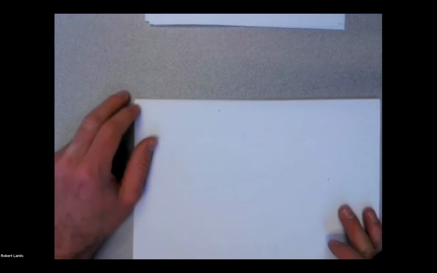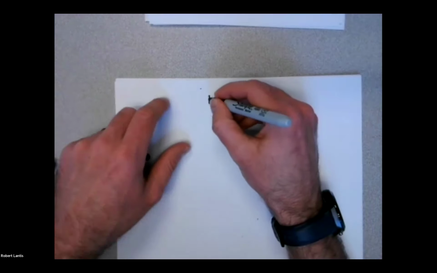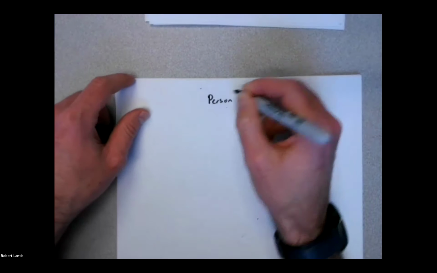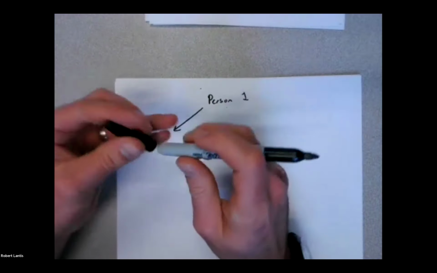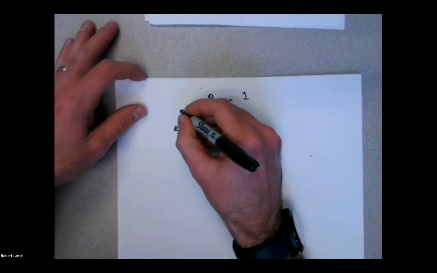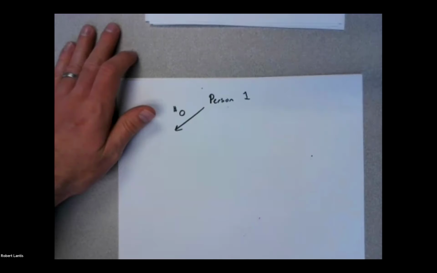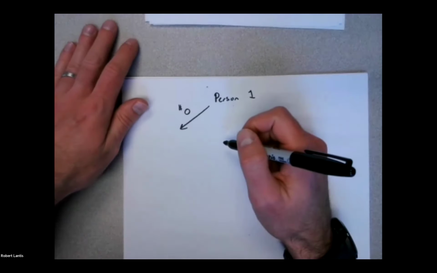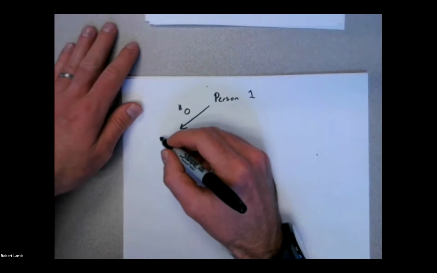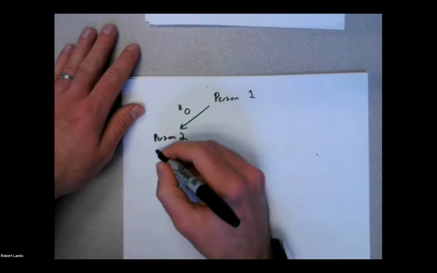We're going to try to model this as an extensive form game. We'll start out thinking about the first decision. We've got person one who's making the offer. The very first thing they could choose to do is give nothing, in which case person two has a decision to make.